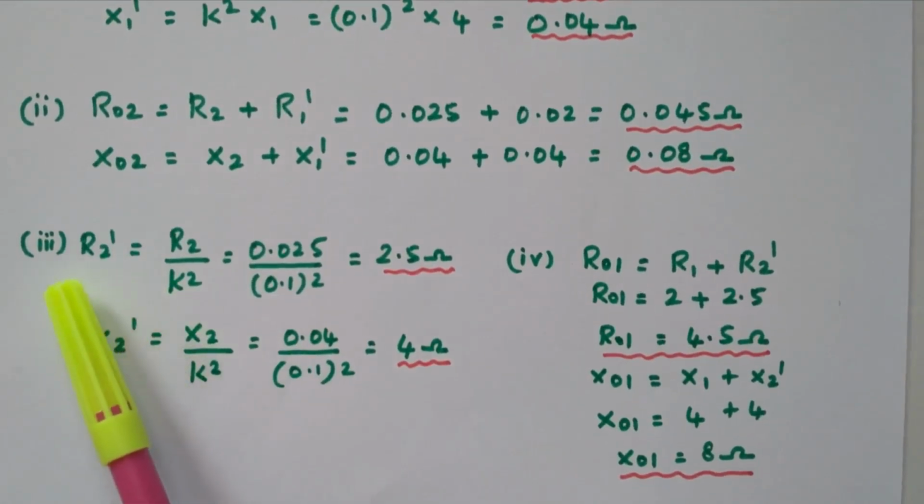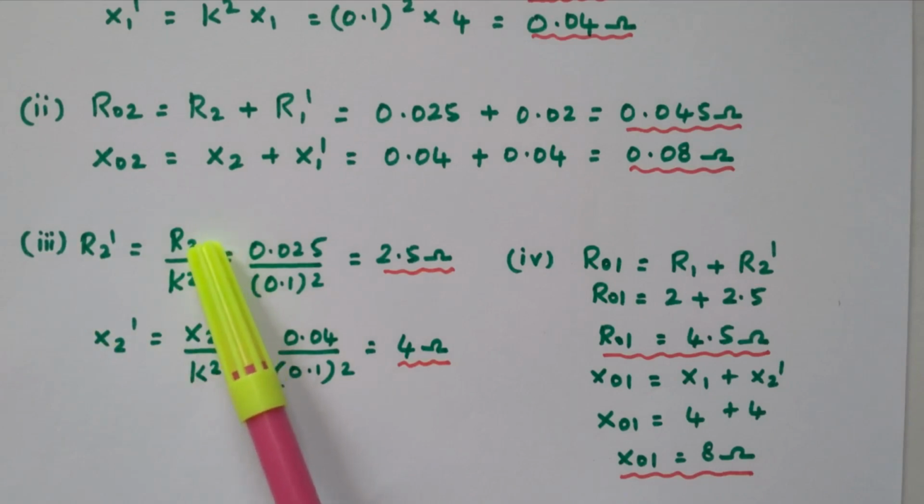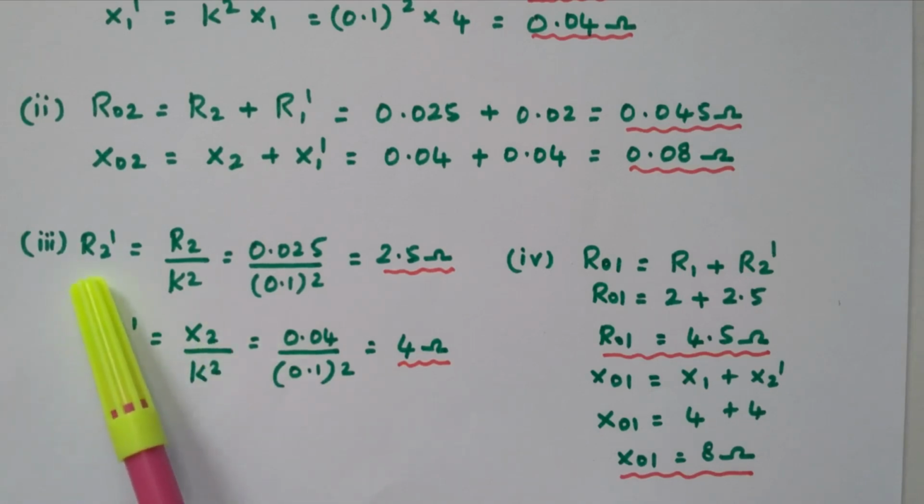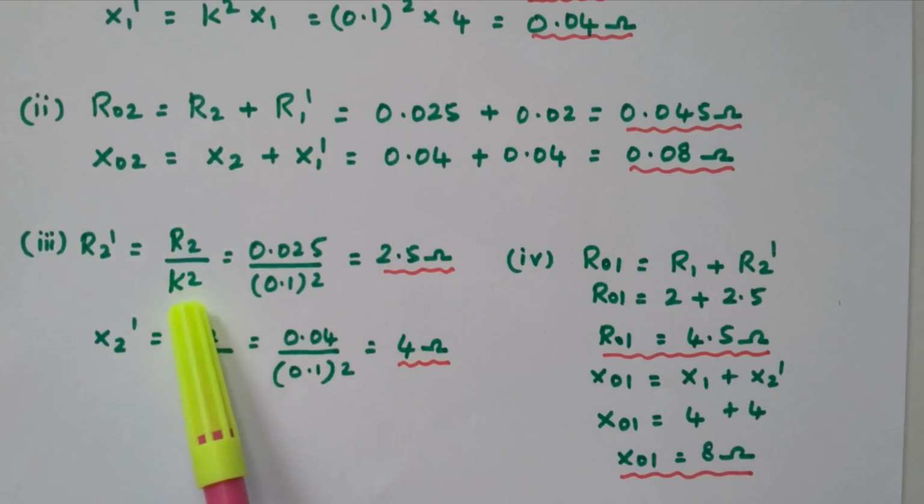That is, the third question is the equivalent resistance and reactance of secondary referred to the primary. This R2 is the resistance of secondary; while transferred to primary it becomes R2 dash. Similarly, X2 becomes X2 dash. How will you find R2 dash? It is R2 divided by K square. In the previous case it is multiplied by K square, so while transferring from secondary to primary, it is divided by K square.